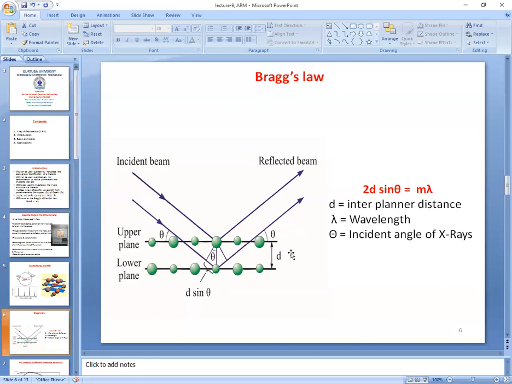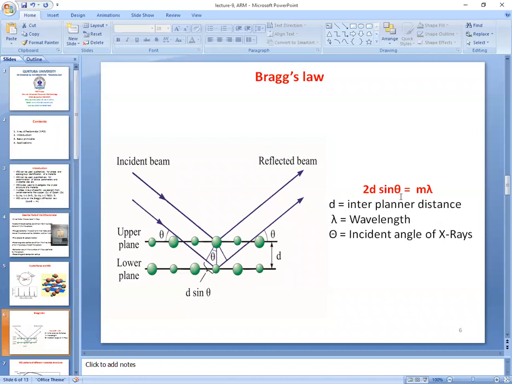So this is Bragg's law, and this is d sin theta in this triangle. If you see, there are two triangles. This side is also d sin theta, so both together make this side 2d sin theta. Here theta is this angle, the incident angle, and it is also equal to this angle.